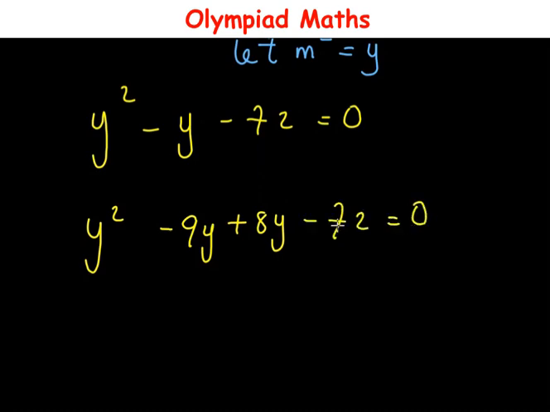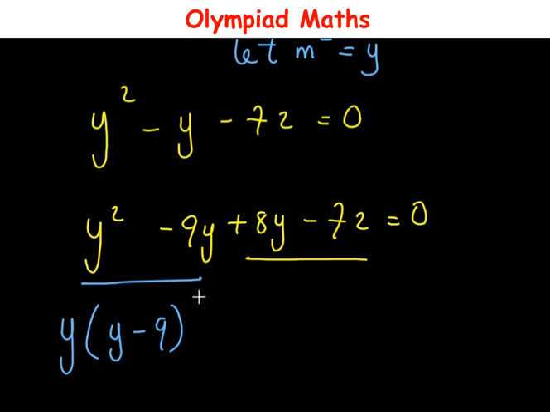This equals 0. From here, we can factorize out y from this equation. We have y into brackets y minus 9. And also, we can factorize out plus 8 from this equation. So we have plus 8 into brackets y minus 9. And all of this equals 0.